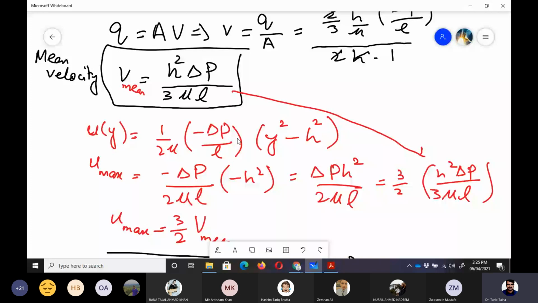So that would be equal to 1 upon 2 mu into 2, so 2 would be cancelled with 2, and it can be written as minus delta p upon mu L into y.